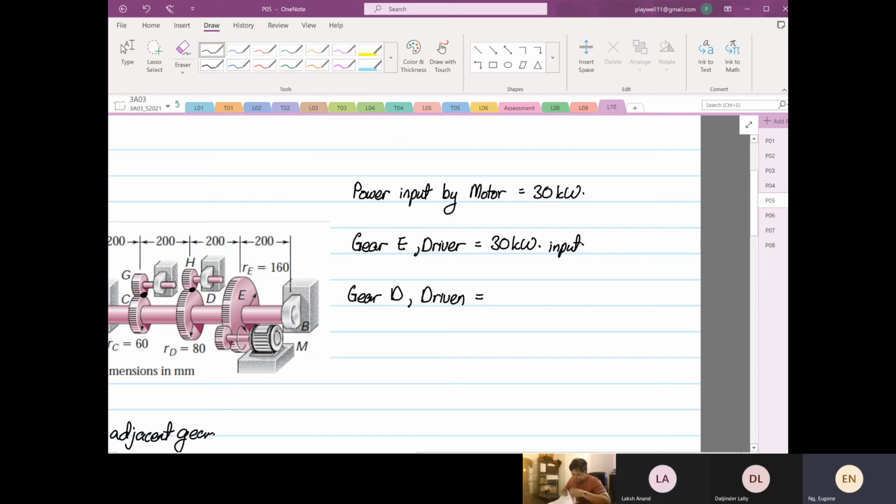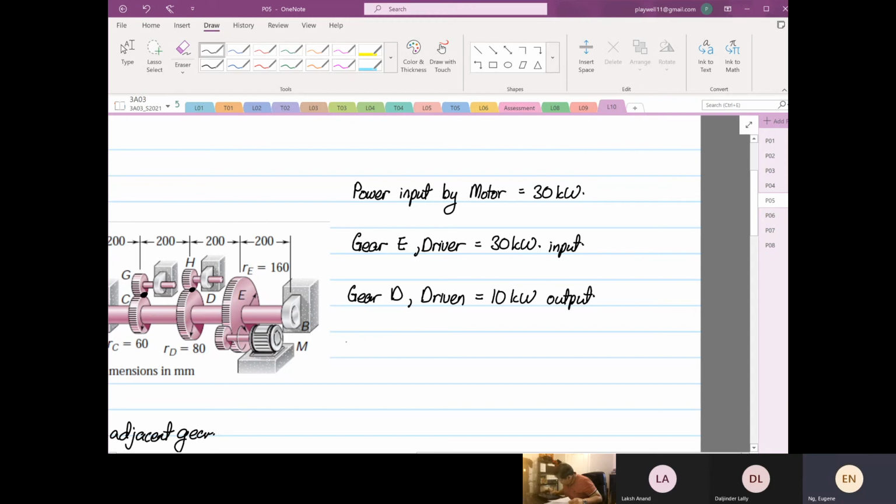Gear D is going to take 10 kilowatt output.